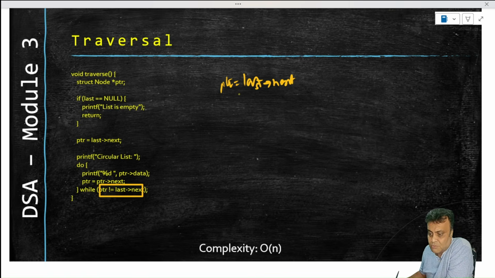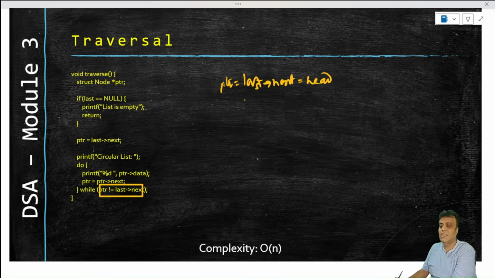So pointer becomes equal to the head. Then head goes to next and starts printing the data, till the pointer becomes equal to last next. Last next is head. So till the pointer comes back to head again.